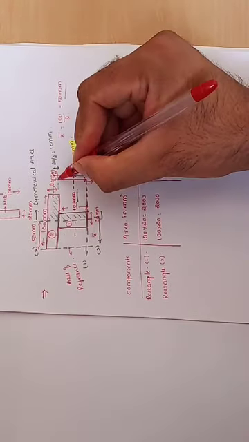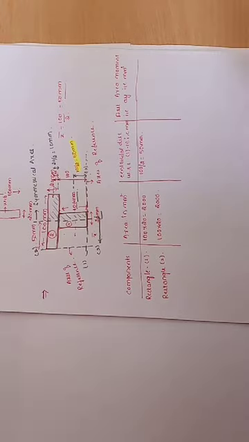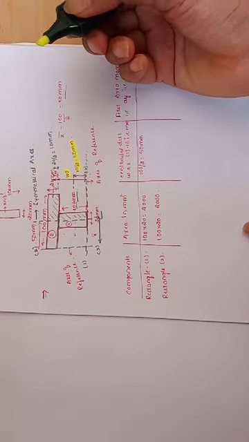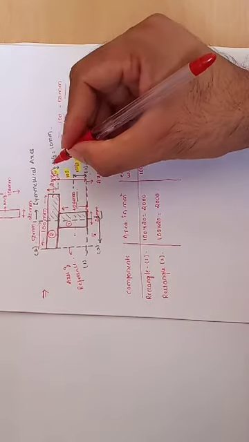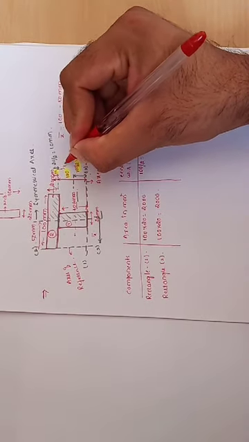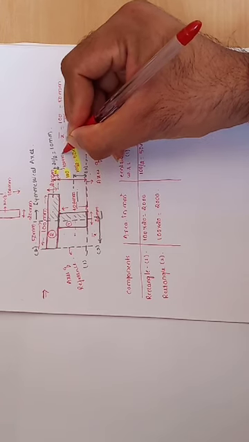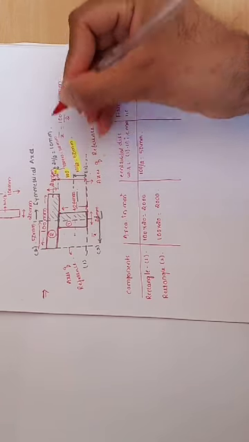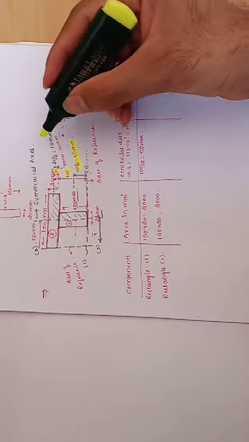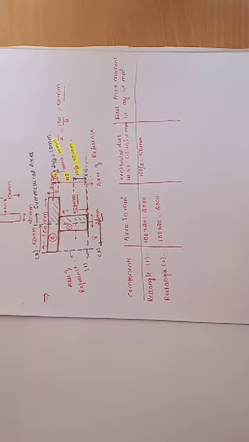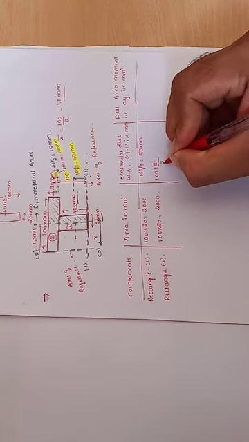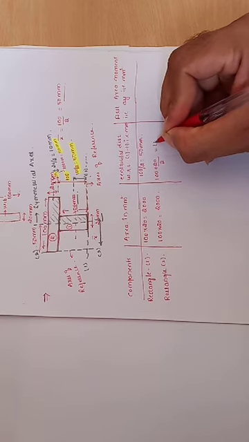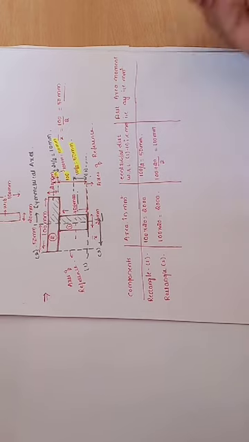From here to here is 100 millimeter, and this one is 10 millimeter. By combining these two, 100 plus 10 gives 110 millimeter with reference to 1 1. I can write 100 plus 20 divided by 2, that is equal to 110 millimeter.